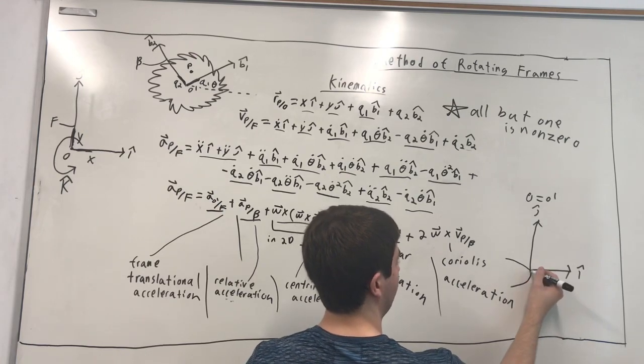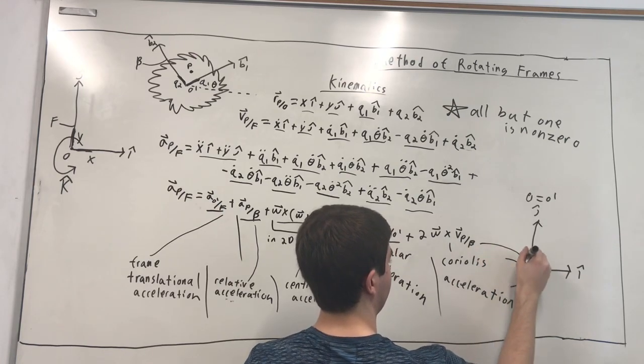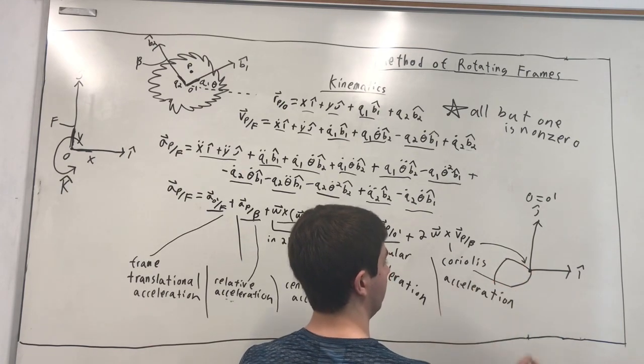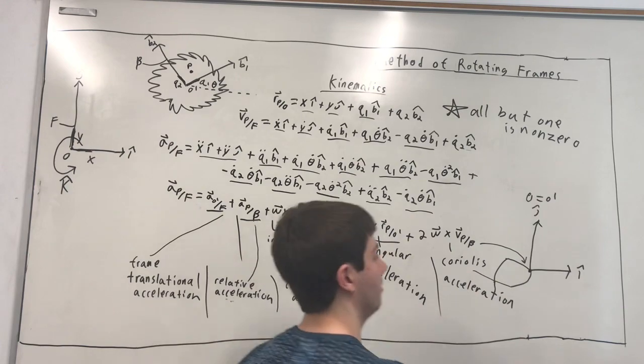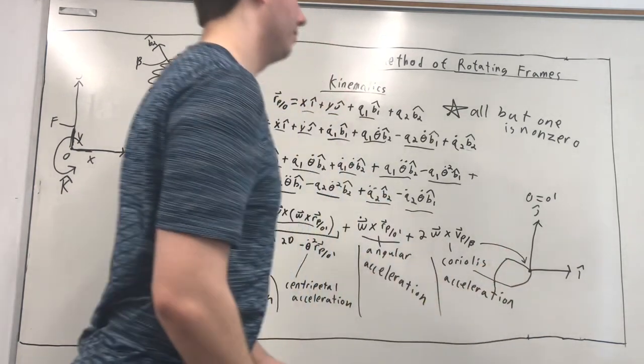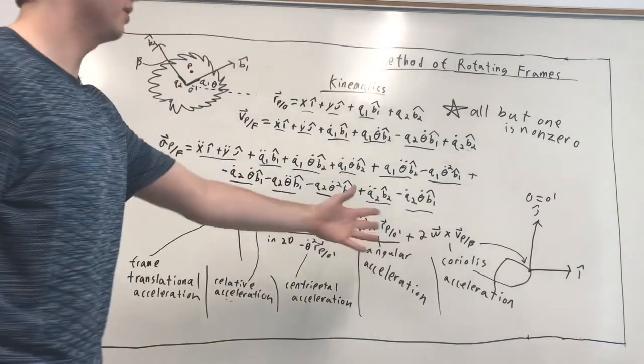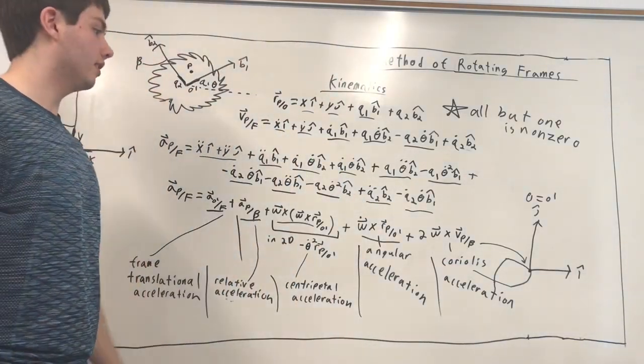So right here, this is where it's the only one that's not zero, okay? After it does that, this will start to look more like a teardrop, I guess. It starts moving like that, but for the sake of being very zoomed in at the origin, it looks something like that, and that's where the Coriolis acceleration is non-zero.